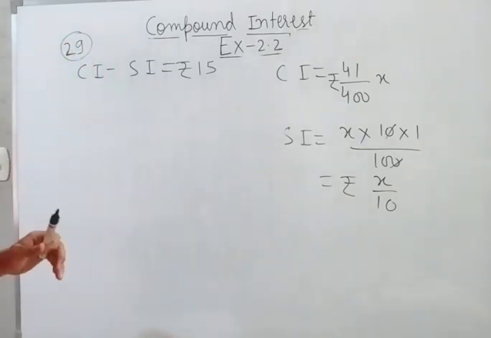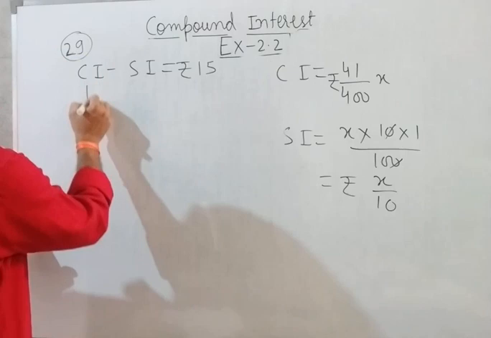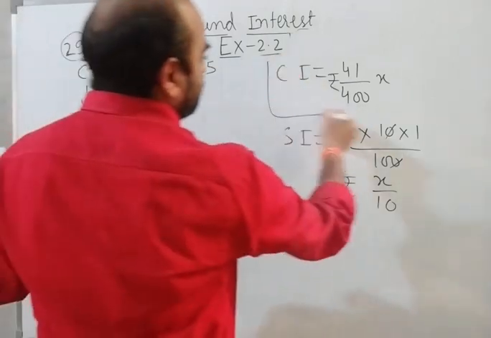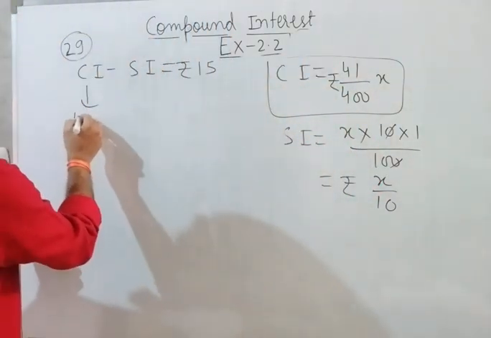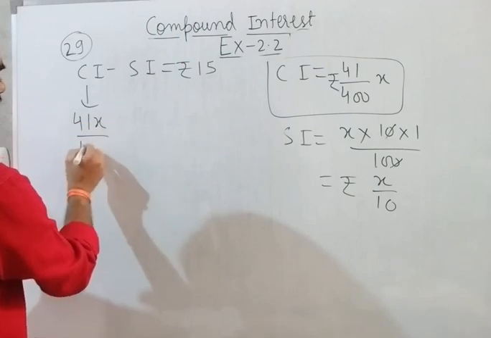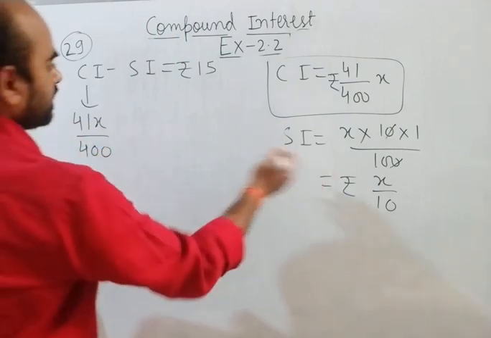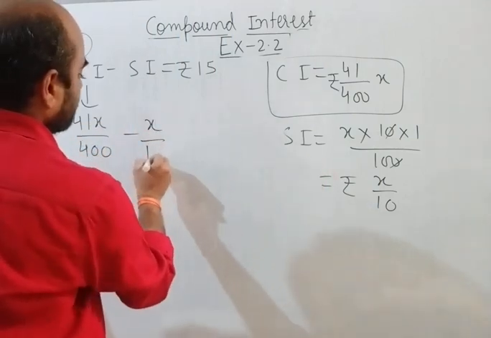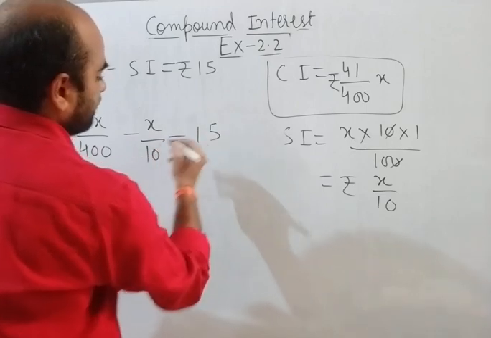CI we have already calculated: 41x by 400. Next, SI is x by 10 and the difference is given 15.